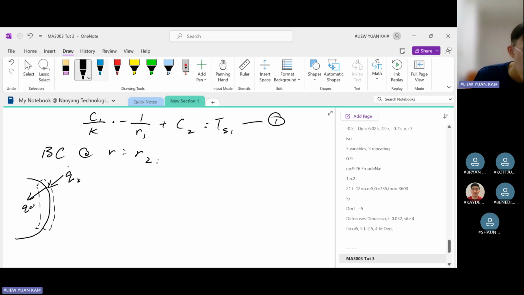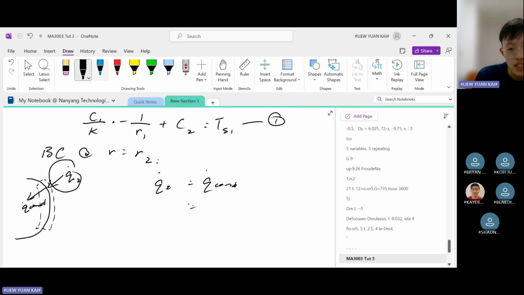So this is my Q conduction. Now at this outer radius, here is the problem. Let's see the energy balance. The heat going in is Q2, and the heat going out is the Q conduction. So Q2 is equal to Q conduction.